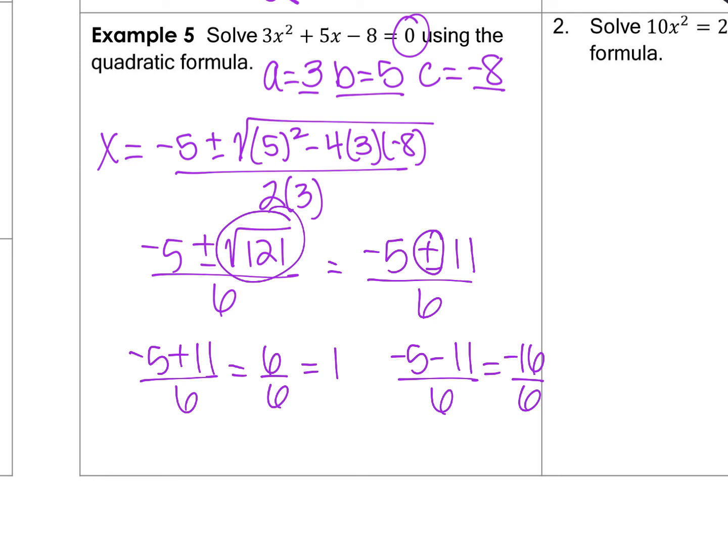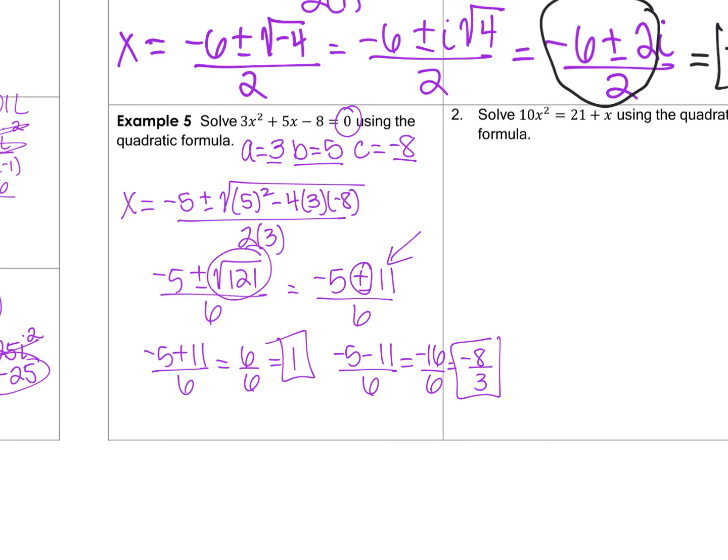You're welcome to reduce the fraction, which would be negative 8 over 3. So we get 2 answers. If it is a perfect square and it's just a number without an i, we can actually add and subtract it. So make sure you go another step.